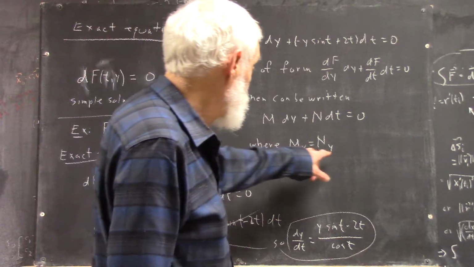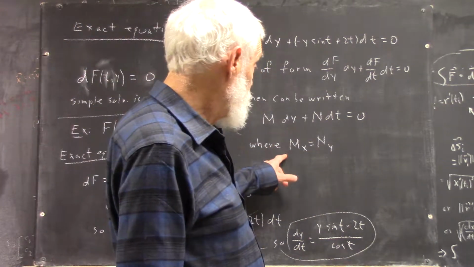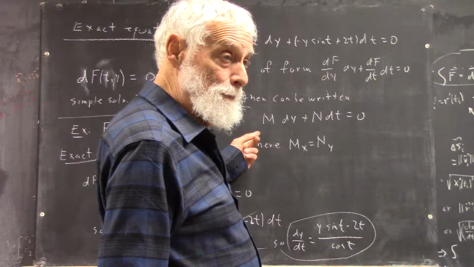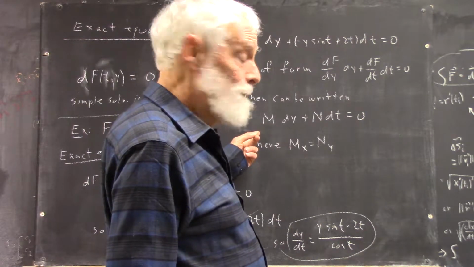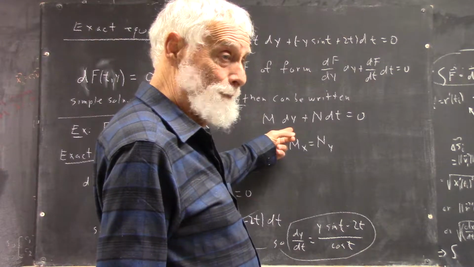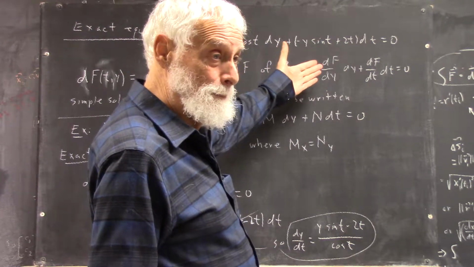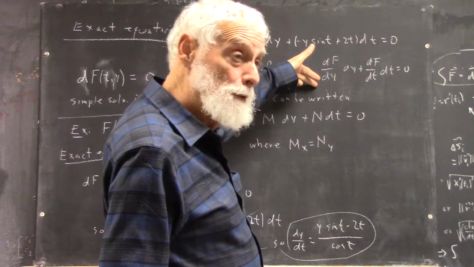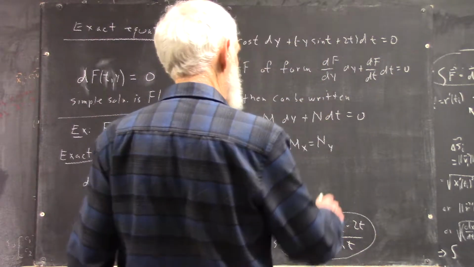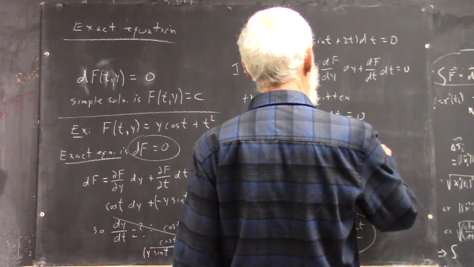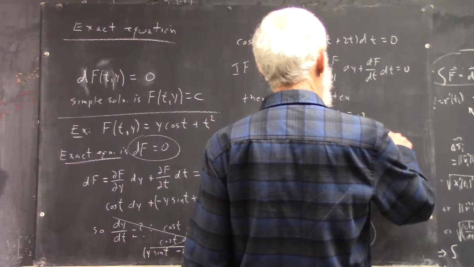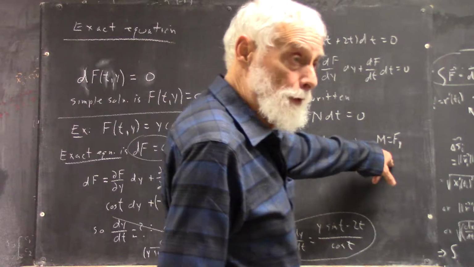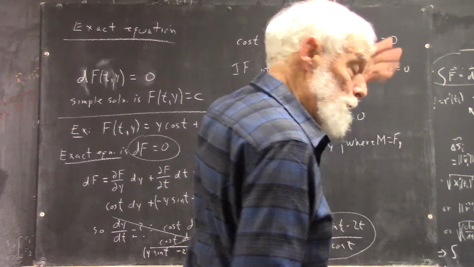Or M_x equals N_y. Now why does M_x equal N_y? Well, what's M? It's in front of dy, right? Go back here. What's in front of dy? df/dy, right? I'll write f_y, meaning the y derivative of f, so I don't have to write as many symbols.